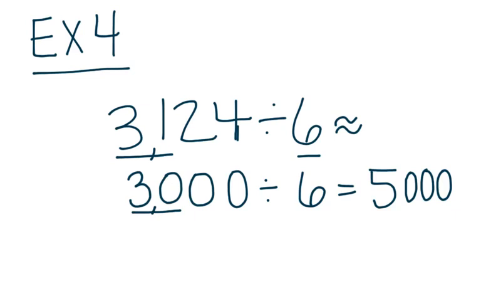There's no way that 3,000 divided into smaller groups would give me groups of 5,000. So I'm not going to have that 0. I'm just going to have 2 zeros for my dividend and 2 zeros in my quotient. So 3,124 divided by 6 is about 500.